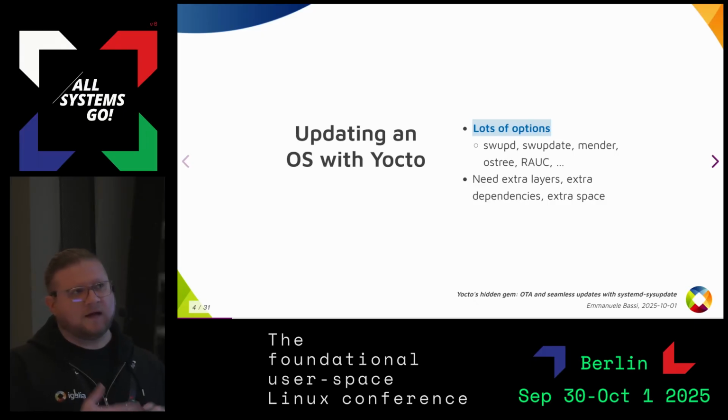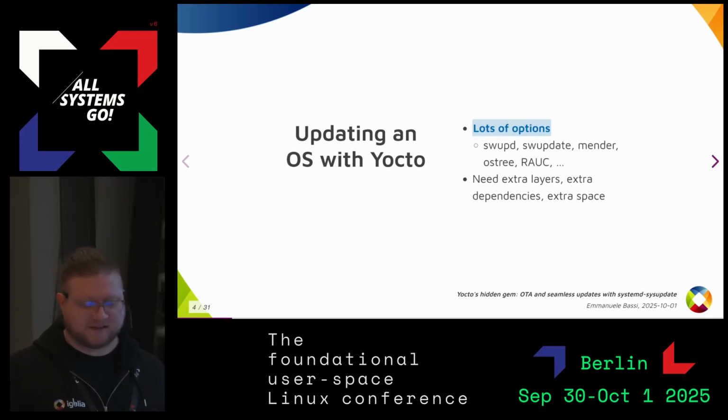And as I was saying, since Yocto is the Swiss Army bazooka, there are lots of options available to do OS updates. There's swupd, SWUpdate, Mender, OSTree, RAUC. They're all supported-ish.